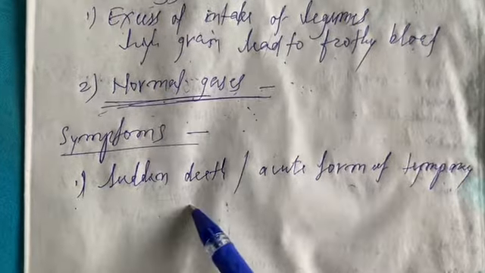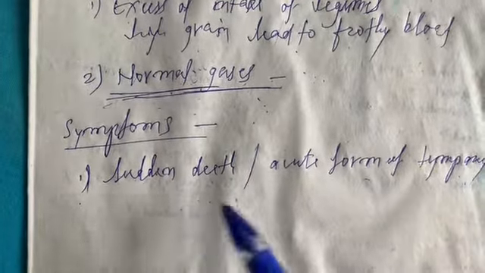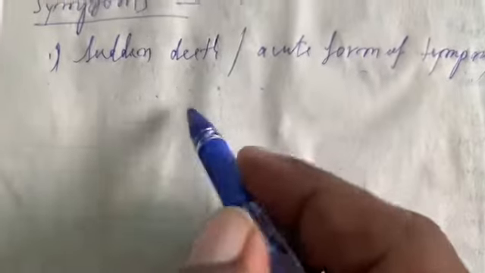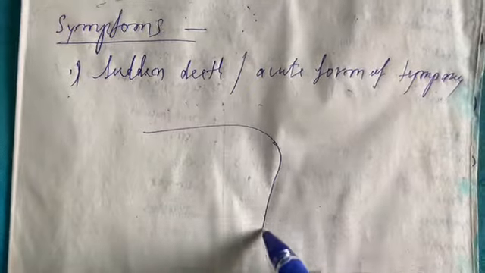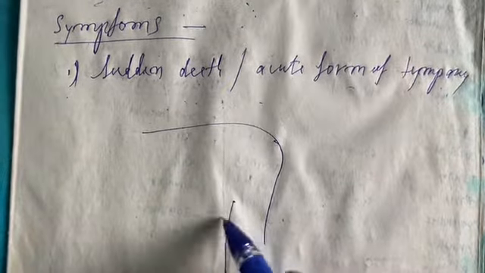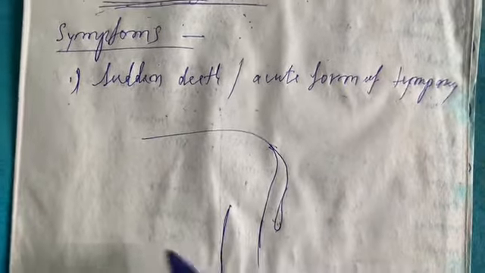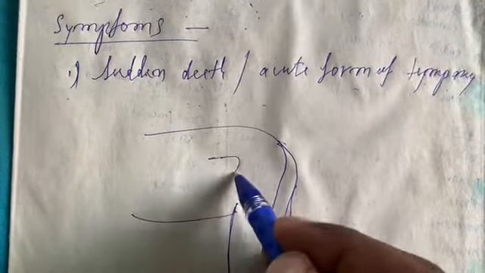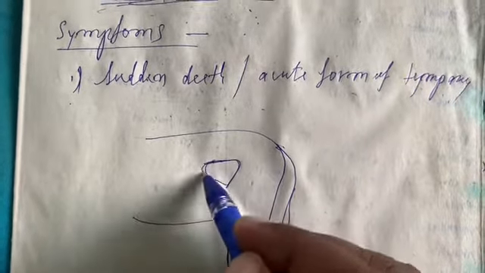In acute cases, the distension of the rumen occurs quickly. The flank and the whole abdomen are enlarged. Let us try to understand the flank region of the animal. Suppose this is the rear part of the animal, this is its leg, this is the tail of the animal, and this triangular portion is called the flank region.